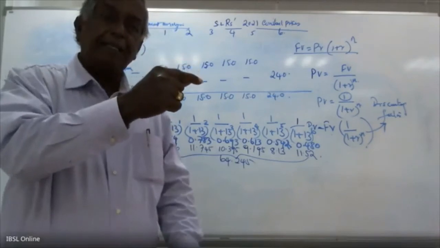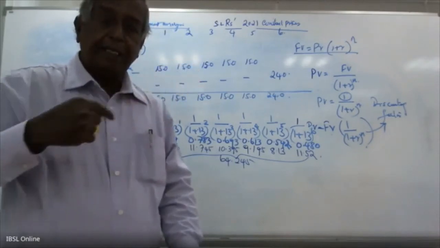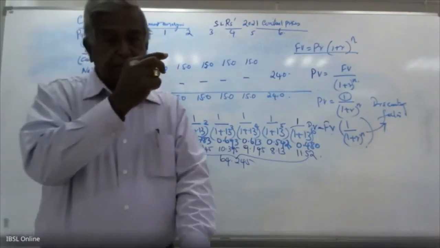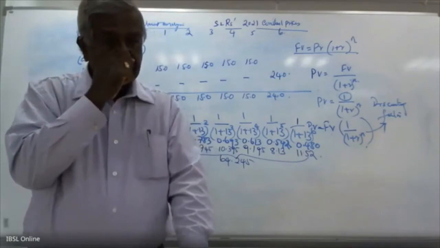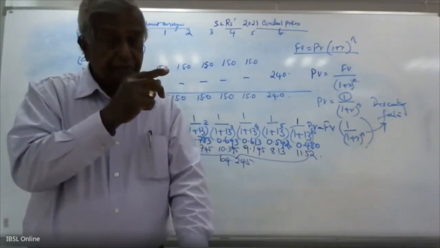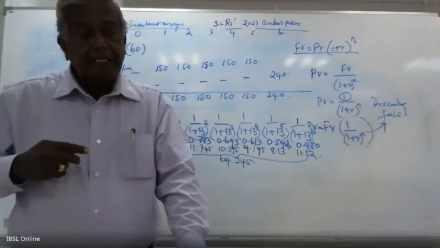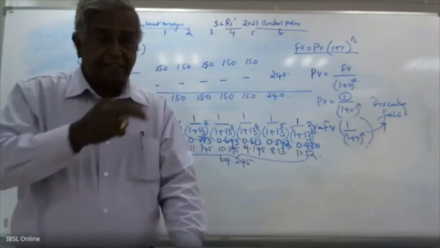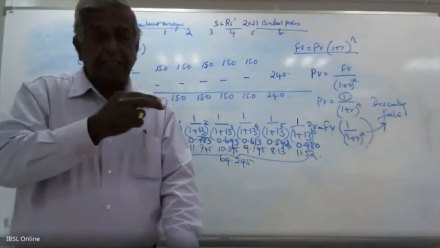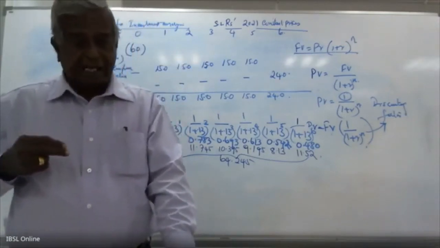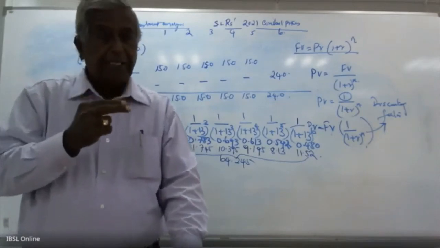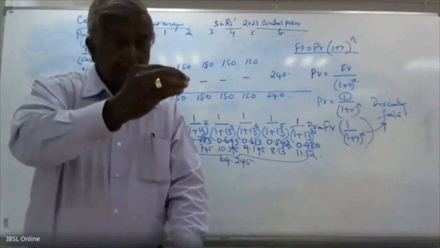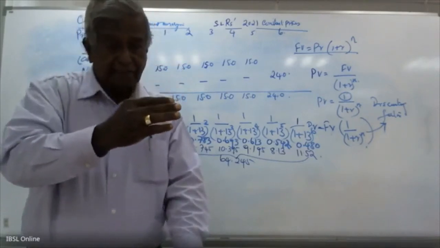Now, between the 18% borrowing interest rate and 13%, the NPV is negative at 18%. When you reduce the rate, it becomes positive at 13%. So in between 18% and 13% borrowing rate, the NPV may be 0. Why? At 18%, the NPV was negative.